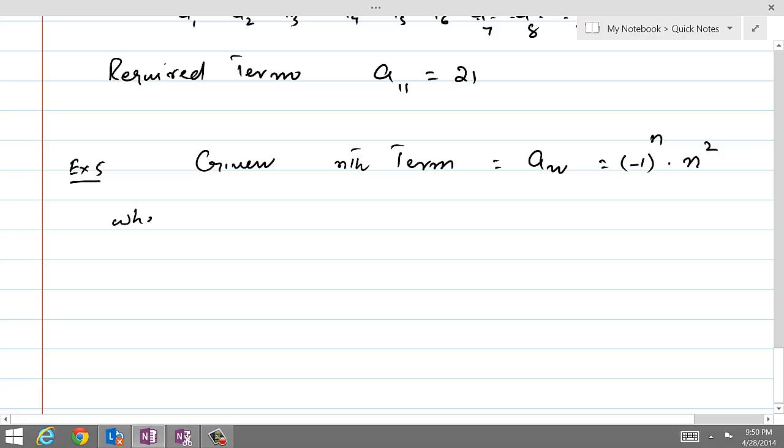When n is equal to 1, what would it be? We simply are going to substitute the value of n, and this would be a1 equal to minus 1 power 1 into 1 square, and minus 1 power odd is always going to be negative in the answer. So minus 1 times 1 square is 1, so this is minus 1.